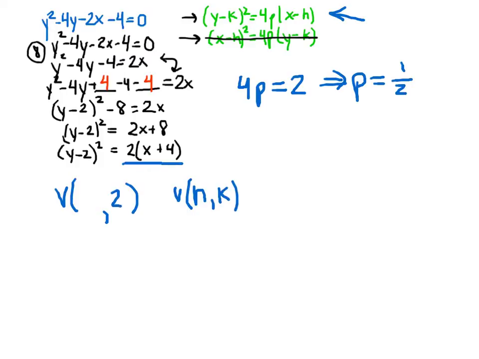Our 2 is going to go here, and our h is grouped with the x, but in our general equation it says x minus h, and in our equation it says x plus 4, so this needs to be a negative 4.